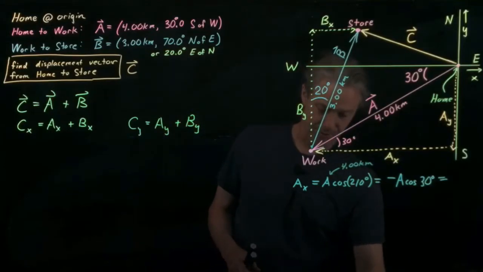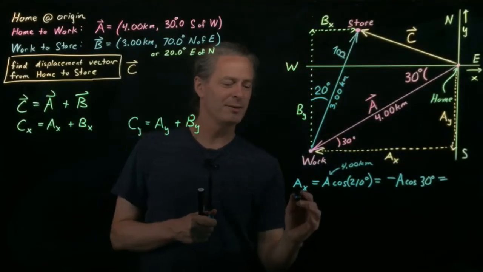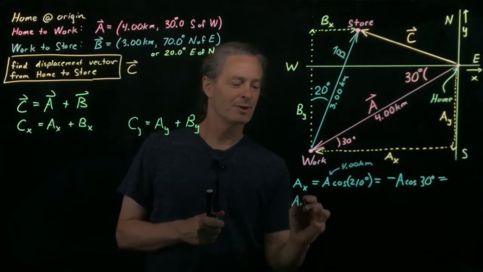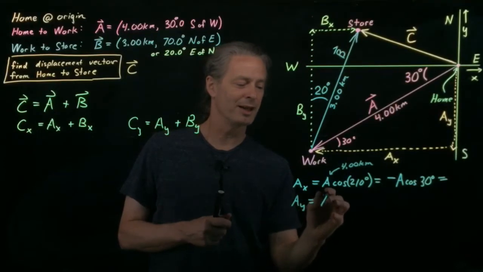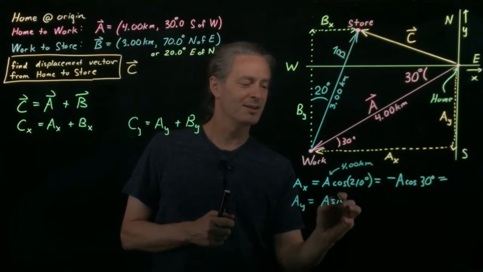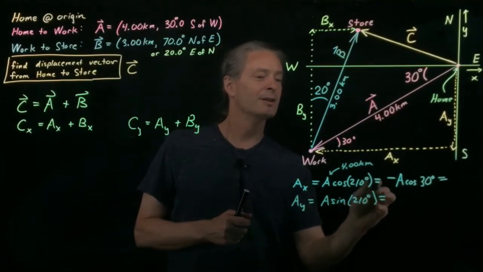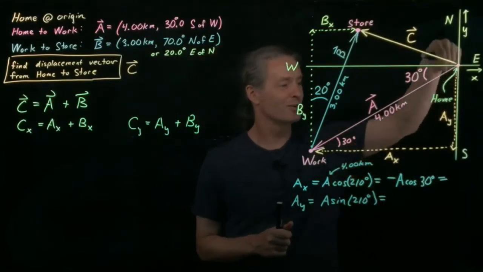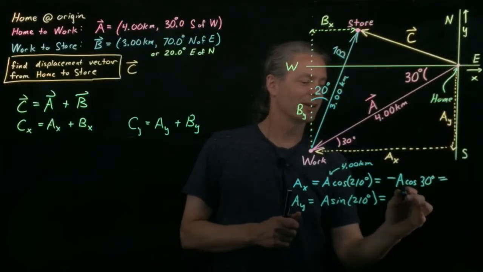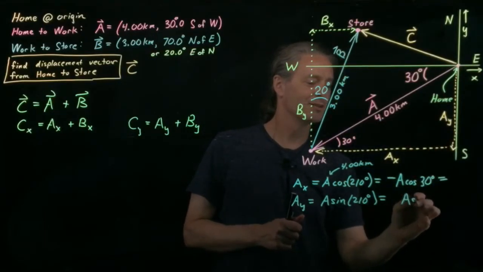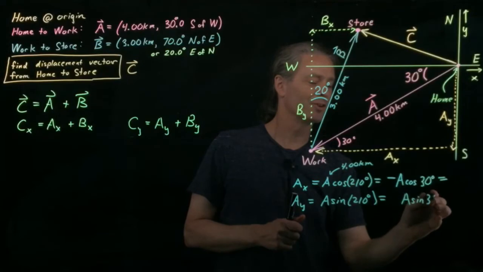All right, we can do the same thing for A sub y. A sub y will equal A sine 210 degrees, or, now we got to be careful, A sub y also in the negative y direction. I could go A sine of 30 degrees.